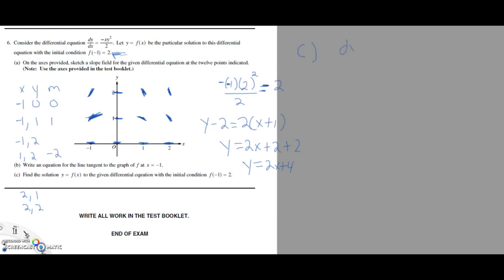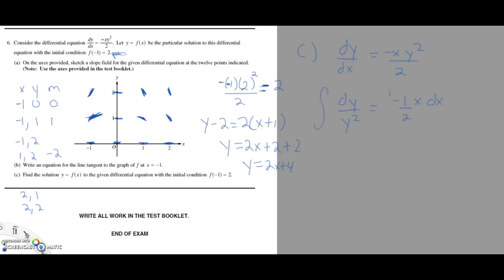So we have dy over dx equals negative x y squared over 2. So now you're going to get dy over y squared equals negative 1/2 x dx. Now you're going to integrate.